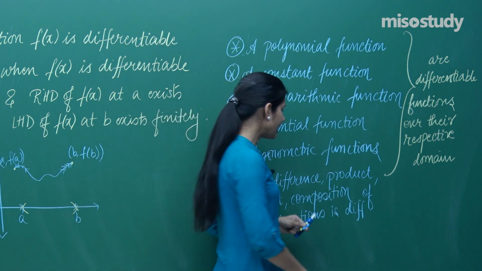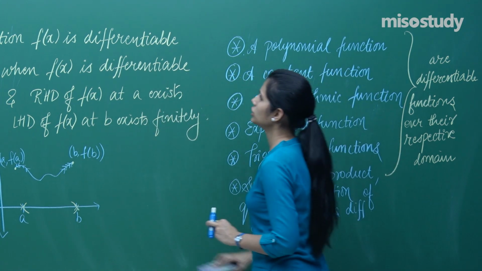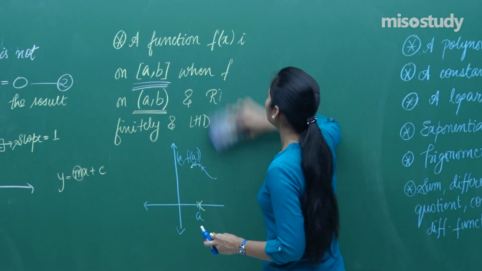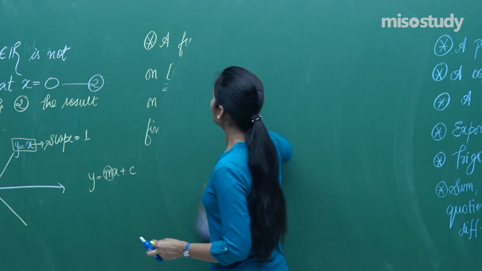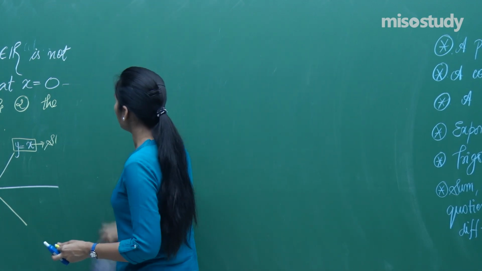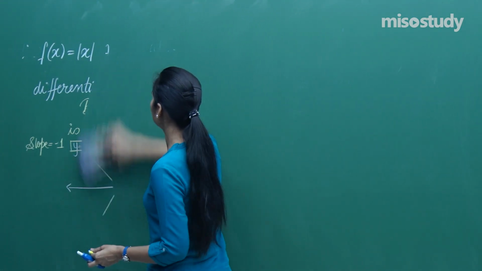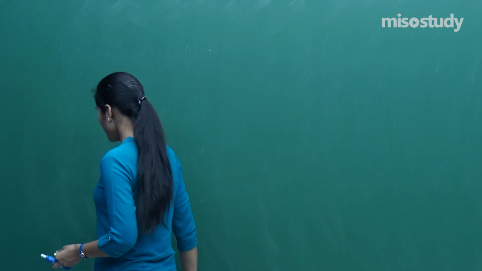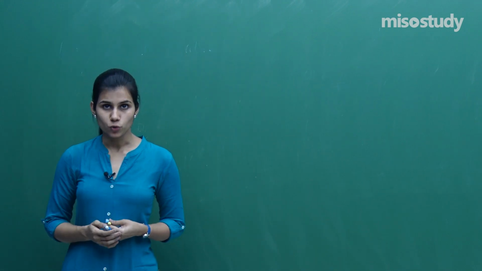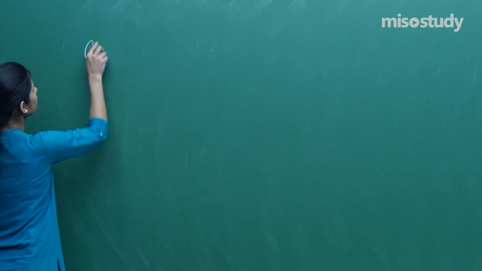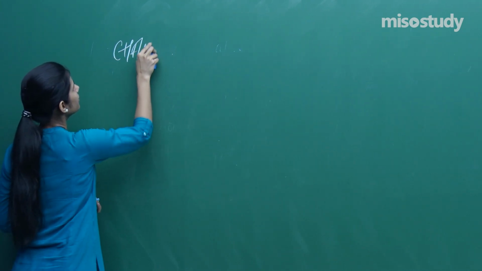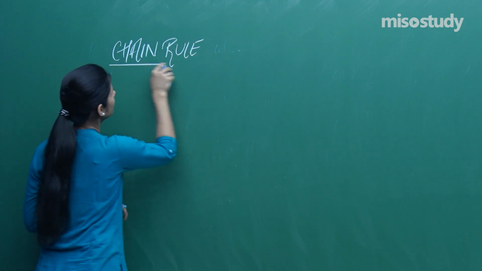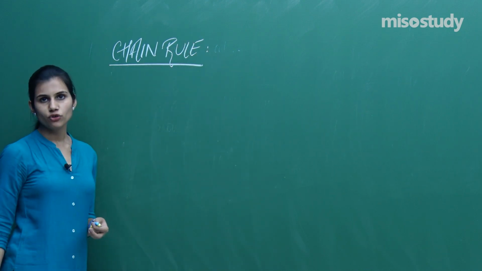Let's proceed further and touch the composition portion of this algebra. Here we will be basically learning about a certain rule which is very, very famous in differentiation, which you should be very nicely aware about, and that is called the chain rule. Let's focus on this now. What does the chain rule say?